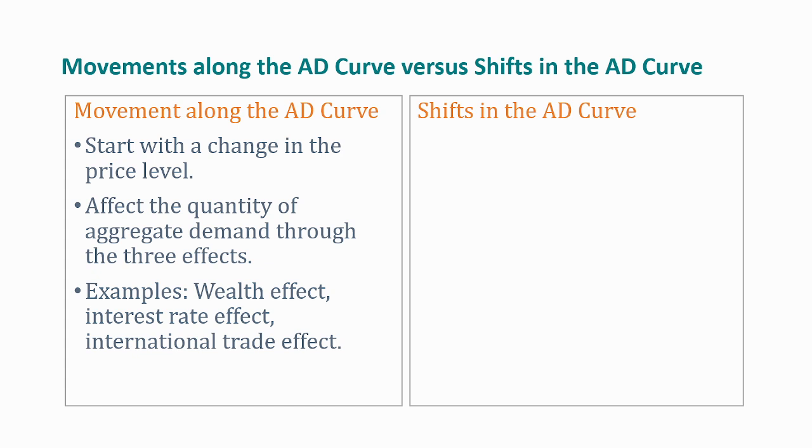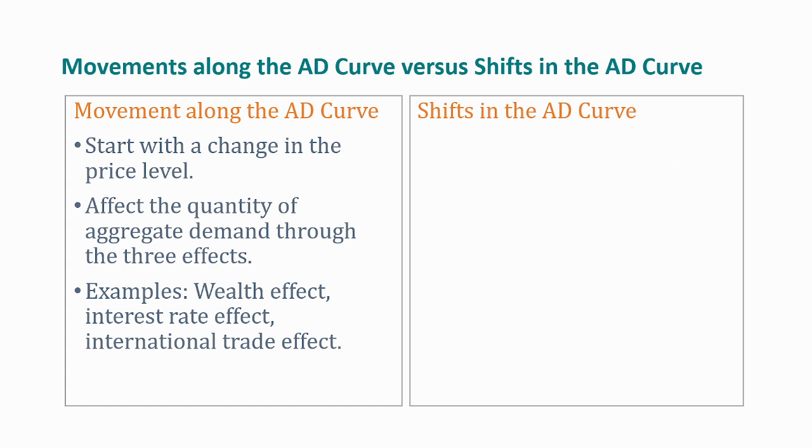When there is movement along the AD curve, we start with a change in the price level, and then it affects the quantity of aggregate demand through three effects: the wealth effect, the interest rate effect, and the international trade effect. That is the movement along the demand curve.